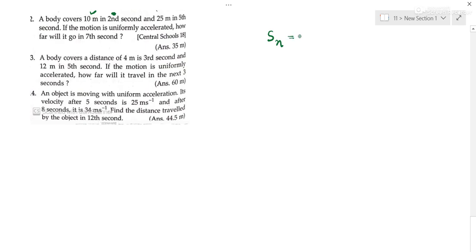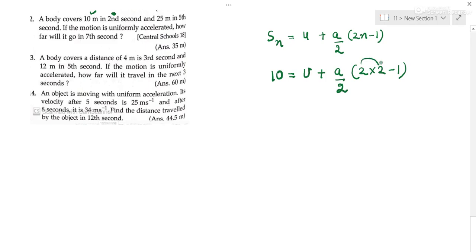Second is written, 2 seconds is not written, so we'll use the fourth equation: U plus A by 2 into 2n minus 1. Distance is given as 10 meters, U is U, A by 2, and second means in place of n you will keep 2. So it's 10 equals U plus 3A by 2. This is your first equation.